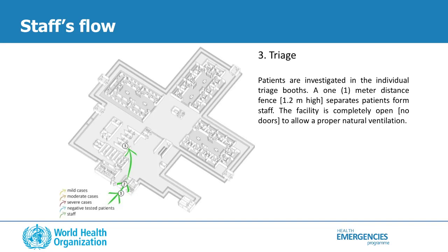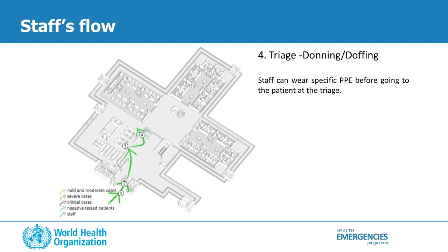Third, triage. Staff would check on patients in the individual triage booth. A 1 meter distance fence of 1.2 meter height separates patients from staff. The facility is completely open, so no doors, to allow proper natural ventilation. Number 4 is a triage donning and doffing place.